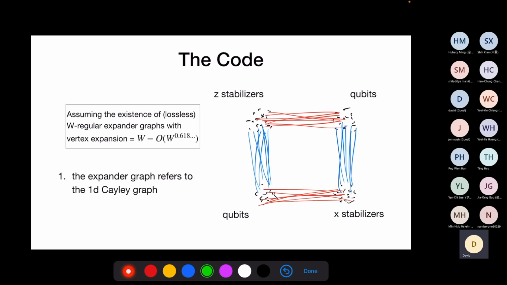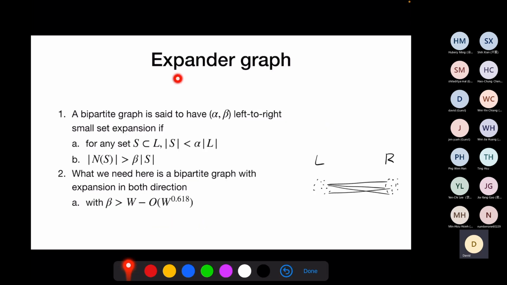Yeah. So let me say a few more things. We have these expander graphs, and it's probably time to say more about them. More explicitly, what do we want?